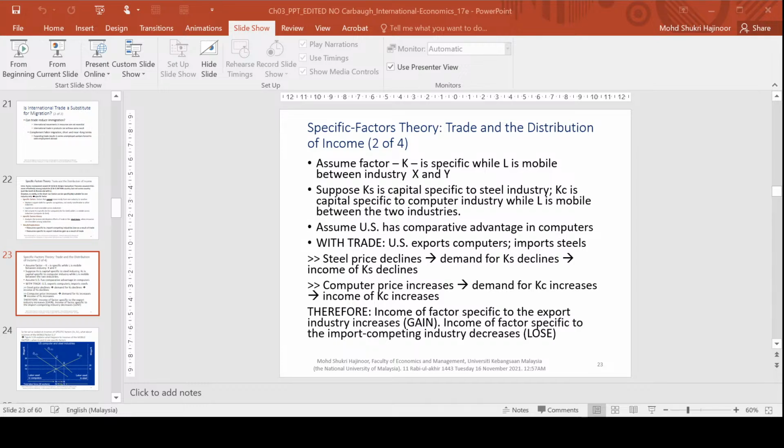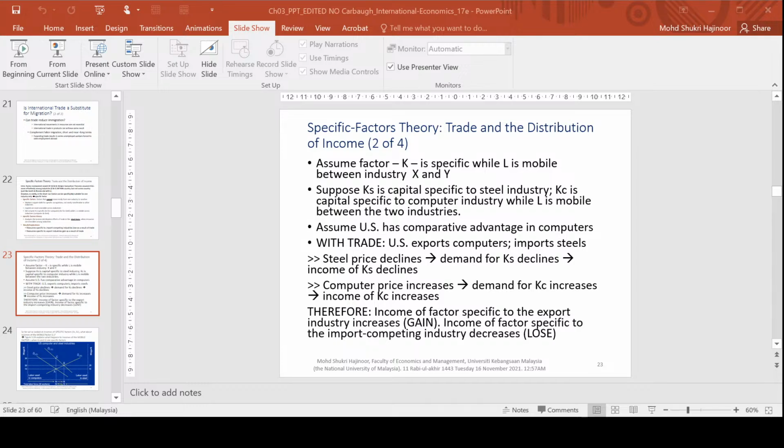We have a total labor force of 30 workers, and wages on the vertical axis. We're going to see the movement of labor into the computer industry. That's the logical thing to say, because the United States specializes in computers.